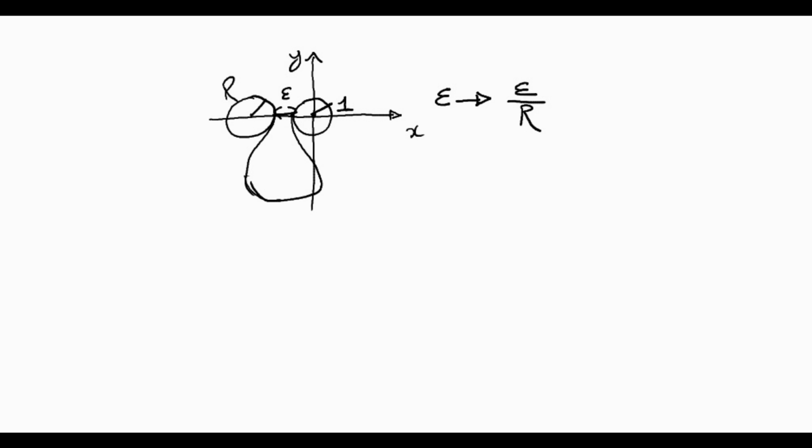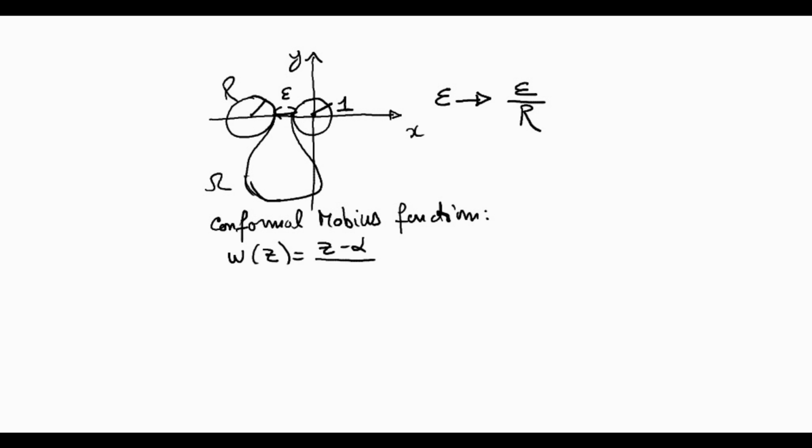So to resolve the singularity, we are going to map the domain omega here using the conformal Möbius function, which is defined here as w of z, which is (z minus alpha) divided by (1 minus alpha z), where z is x plus iy, and alpha is a parameter that we are going to choose equal to -1 minus square root of epsilon.